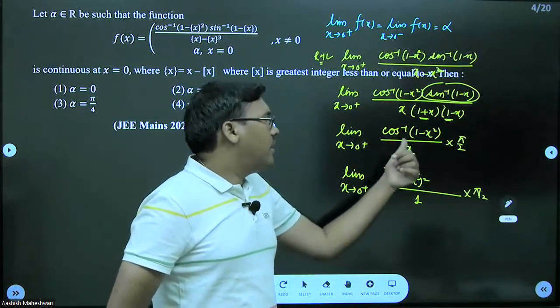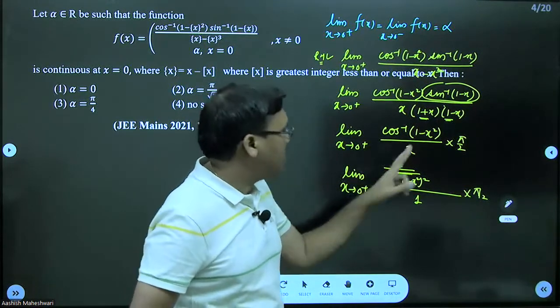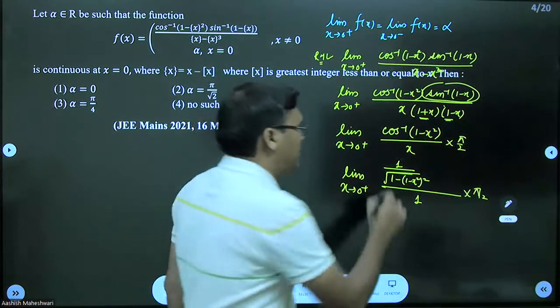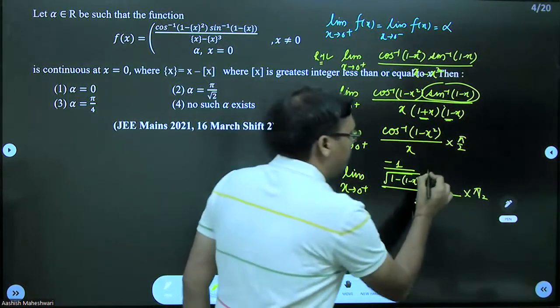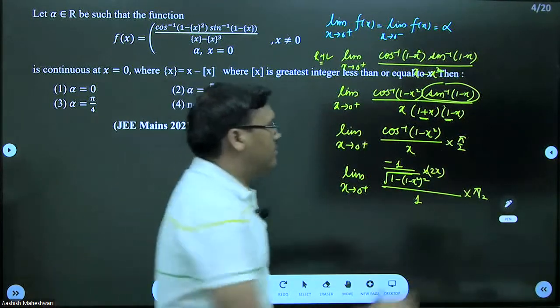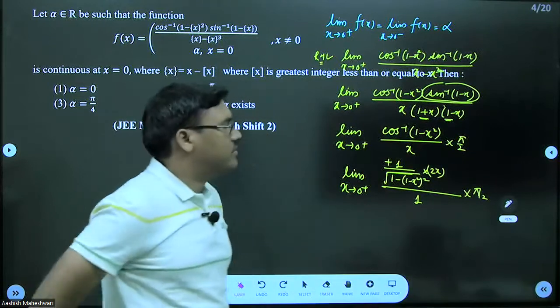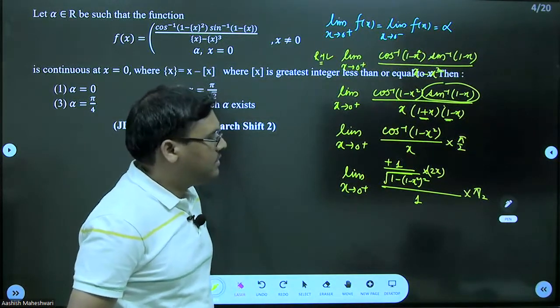Check one second. This is 1 upon minus 1 upon under root of 1 minus x square into 2x, and minus 2x makes this plus 2x. So this is the limit. This is the function. Correct?